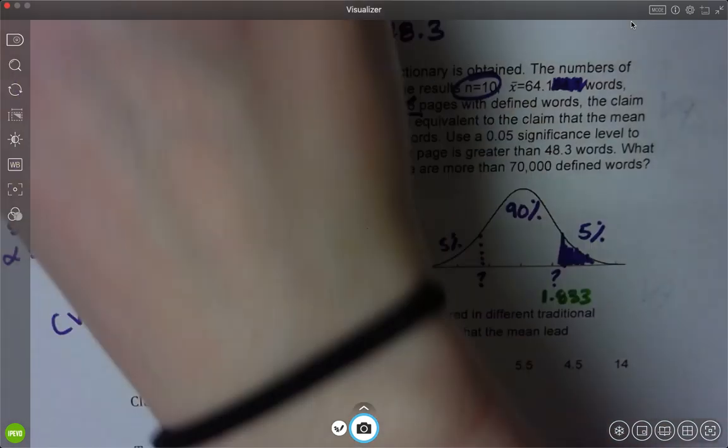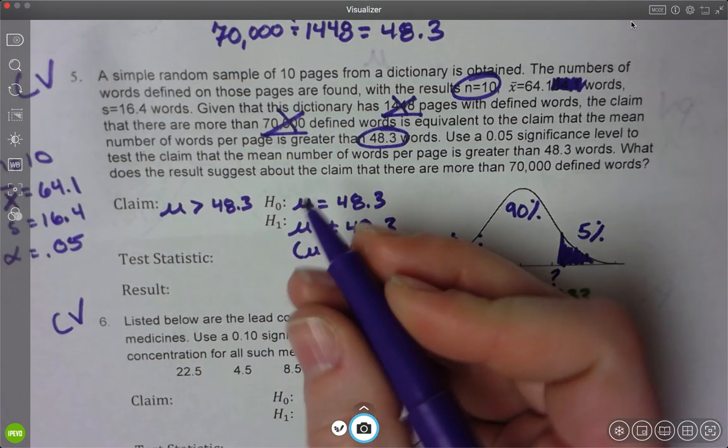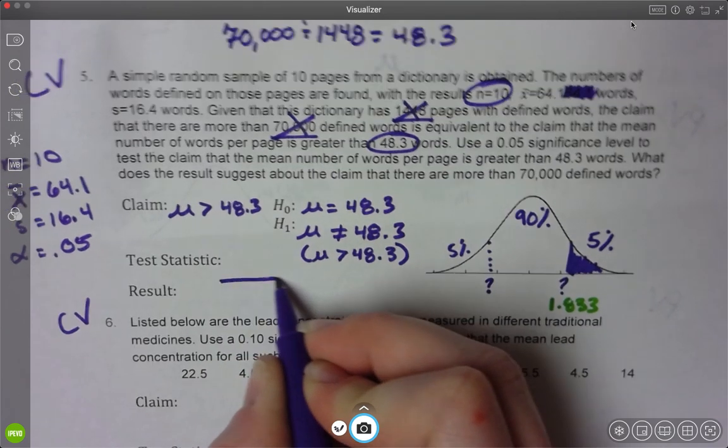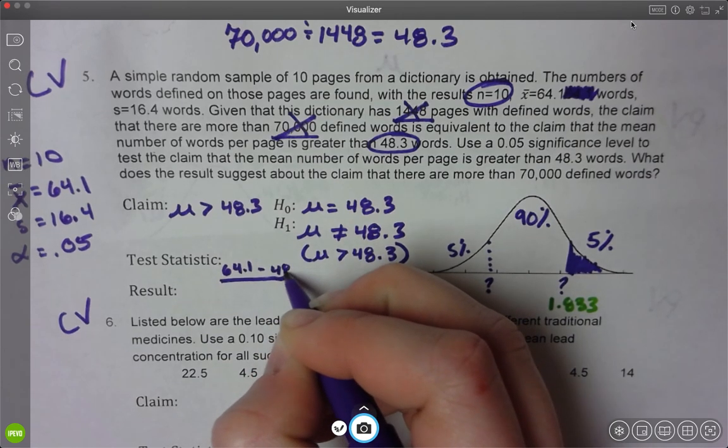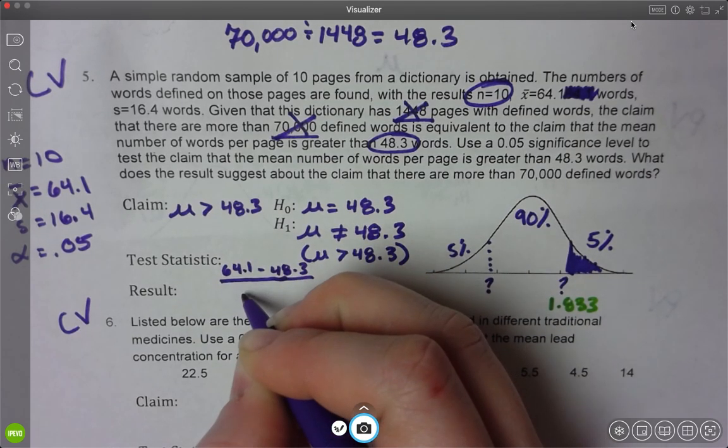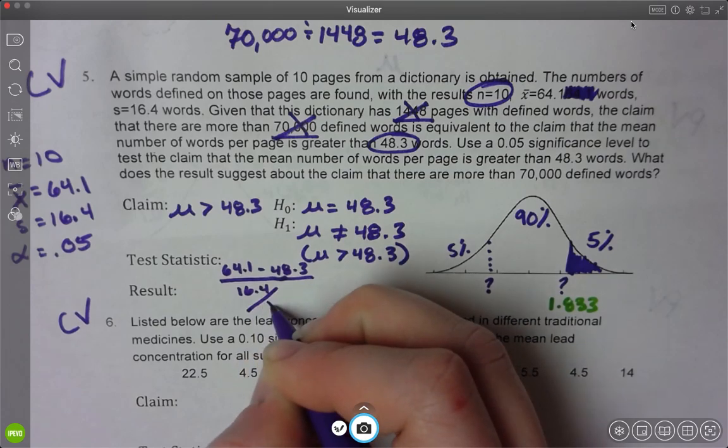Okay, so same formula as before. We have x bar minus mu, so 64.1 minus 48.3 is our mu. Square root 16.4 divided by the square root of 10.